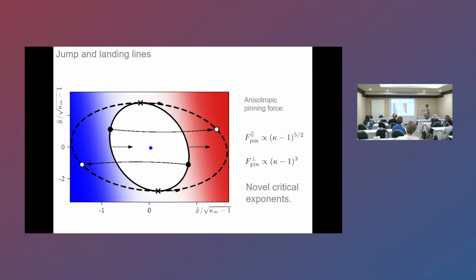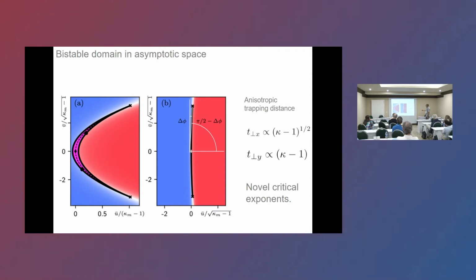And as a result of this onset from 0, we have another critical exponent for pinning, not kappa minus 1 squared, but either 5/2 or 3, depending on the direction of drive. To see it, we go back from the tilt space to asymptotic space. This is the coordinate of the vortex position far away from the defect.